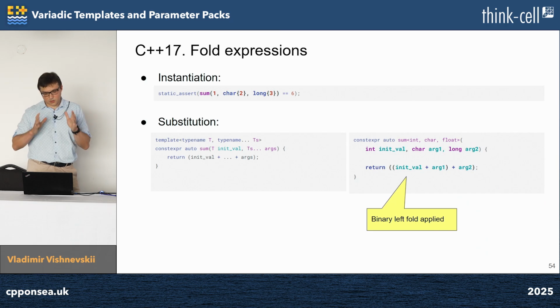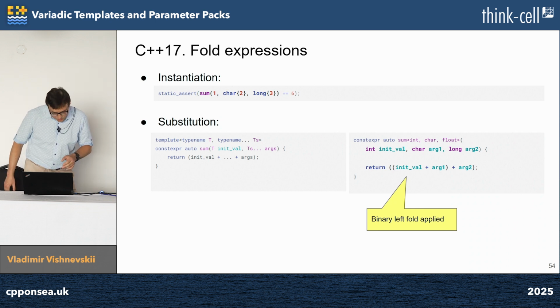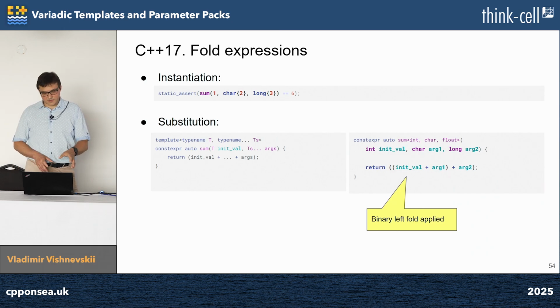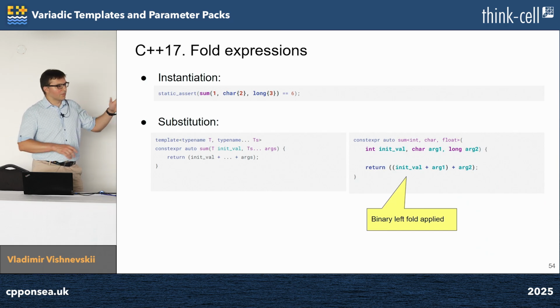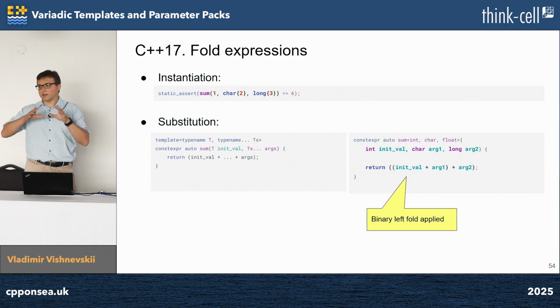So to be more precise, when we call it here, this would be 1, to which 2 will be added, and everywhere here we can have different types, as long as operations are defined for those types and the compiler can support this, this will be a valid construct. So we do not need to deal with any types here. We just apply the plus operator to every item within the pack. And this is the binary fold.